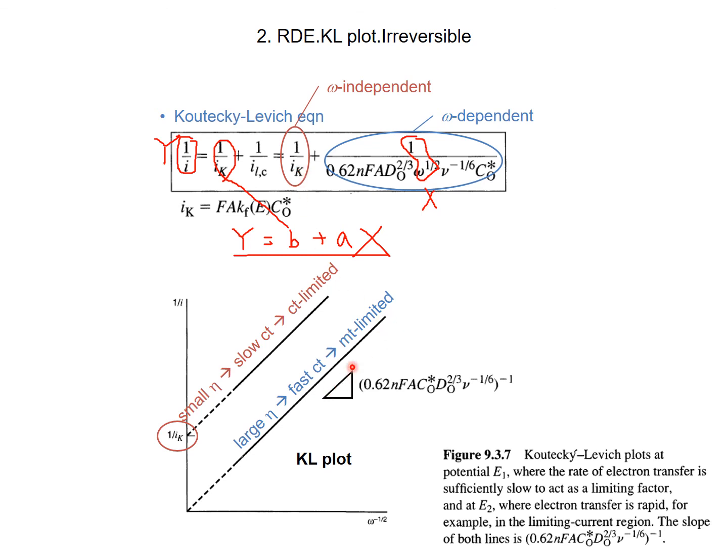So, at very large overpotential, the Koutecký-Levich plot passes through the origin. I mean, the y-intercept is 0.